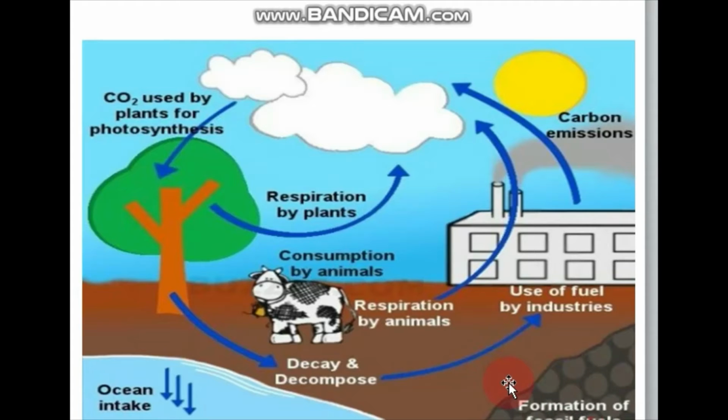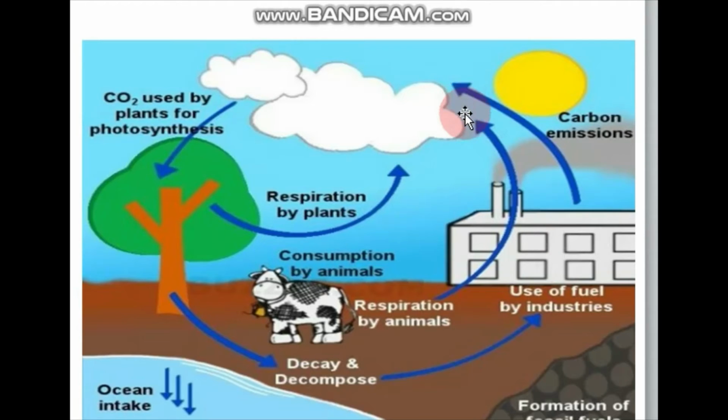These fossil fuels are what we get fuels from, such as petrol, kerosene, diesel, and the like, which are used in powering various machineries in industries, our vehicles, and any other heavy machinery. So when they are used, they end up releasing carbon dioxide back into the atmosphere.